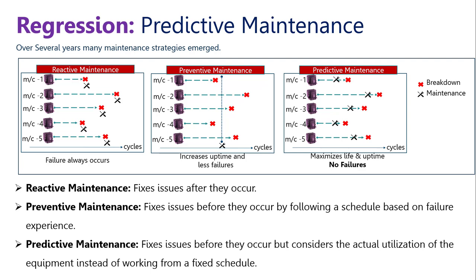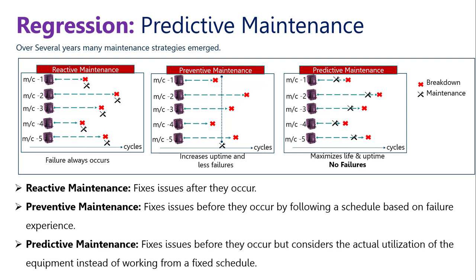Generally, any industry you take will follow preventive maintenance. Even we are also following preventive maintenance. For example, let's say you have a motorcycle or a car, and generally you're going to do maintenance for that vehicle probably once in 2000 kilometers or 5000 kilometers, depending upon your car, and also depending upon the time, probably once in a year or twice in a year, and so on, right?